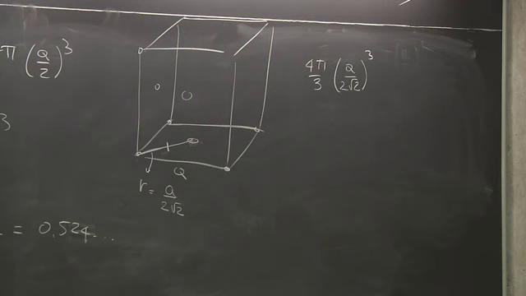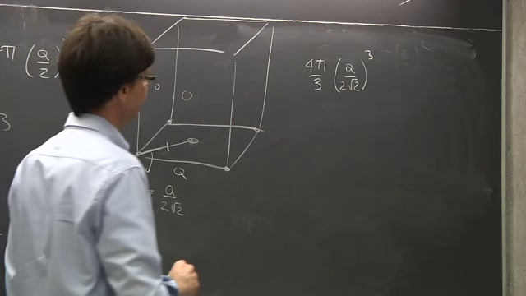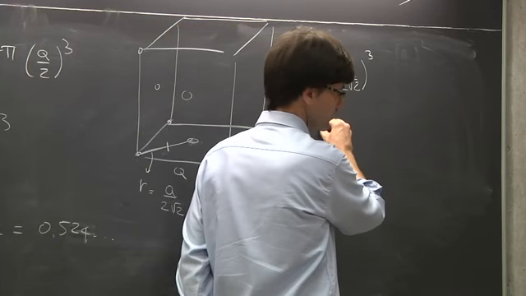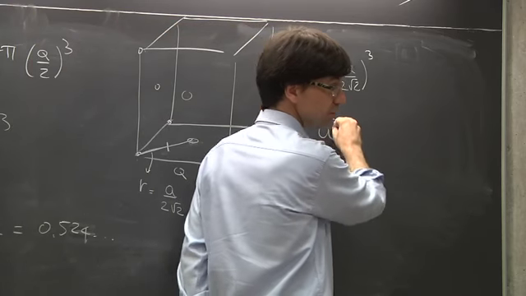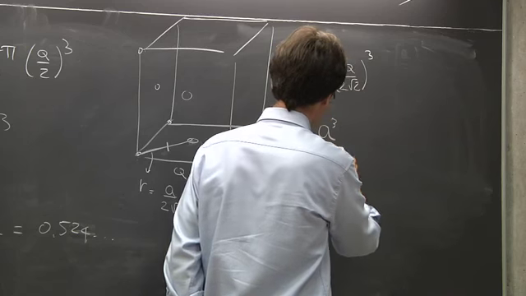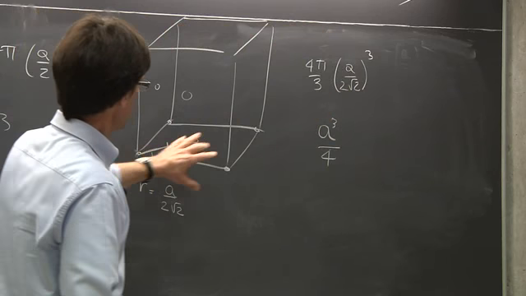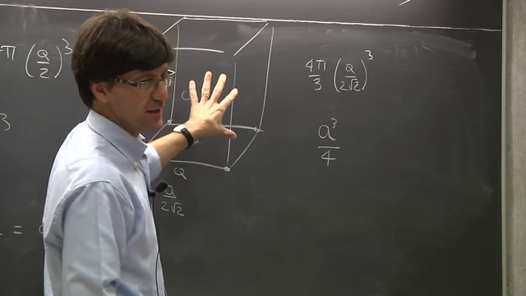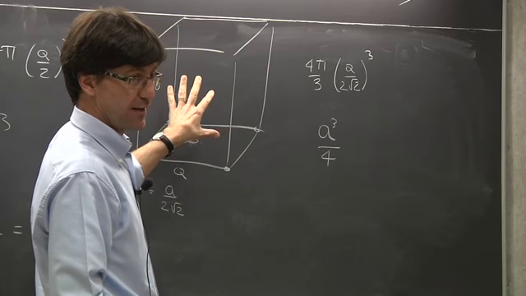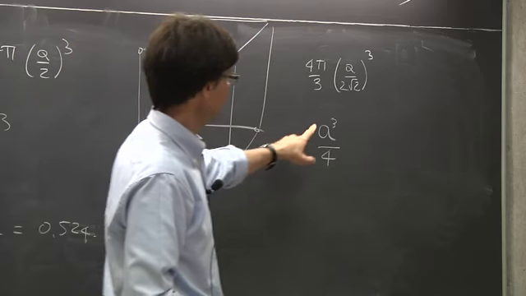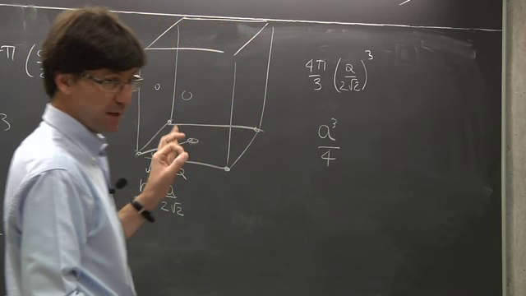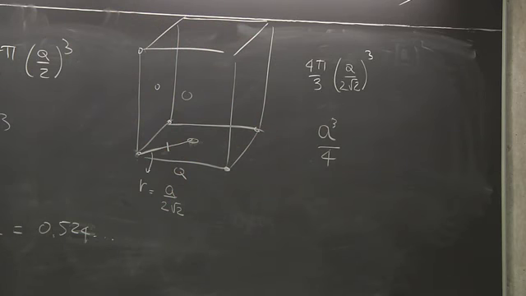Unit cell? A cubed over 4, correct. For every sphere, I mean, there are 4 spheres in the conventional cell, in the cube, right? So I need to divide by 4. I need to take the primitive cell in our definitions.